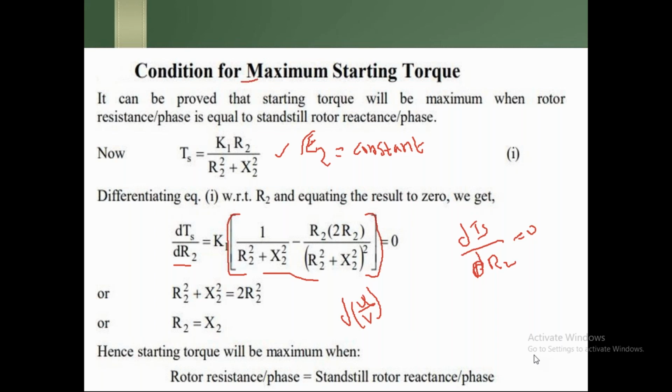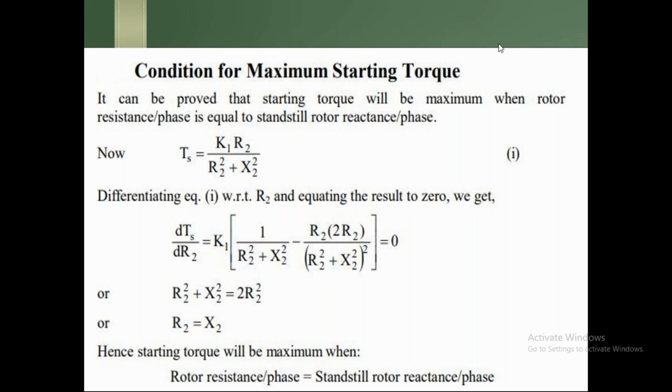Right. So from this equation, we are going to obtain this equation, right? So let me take K1 as a constant. First R. If you differentiate this R with respect to R, you get 1 divided by R2 square plus X2 square minus. See, this is the formula: V into U dash minus U into V dash.